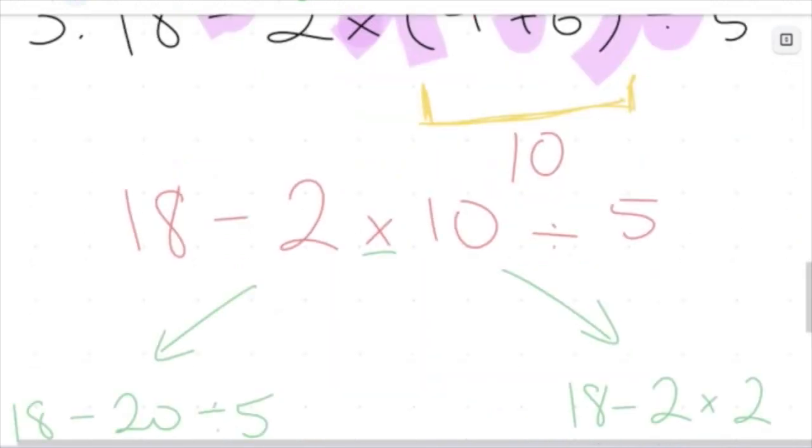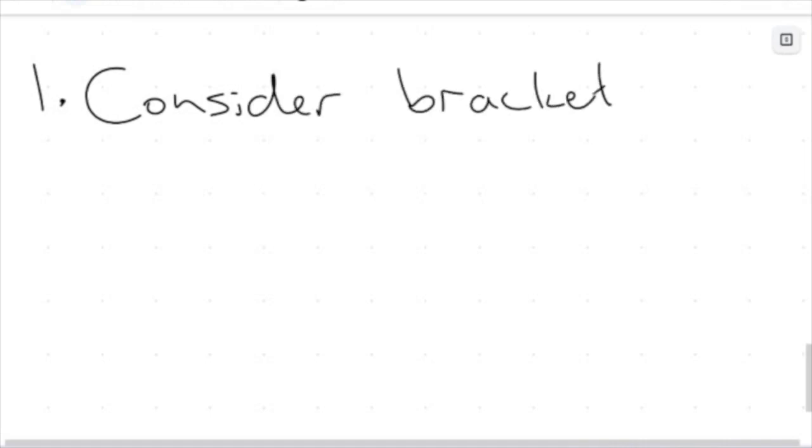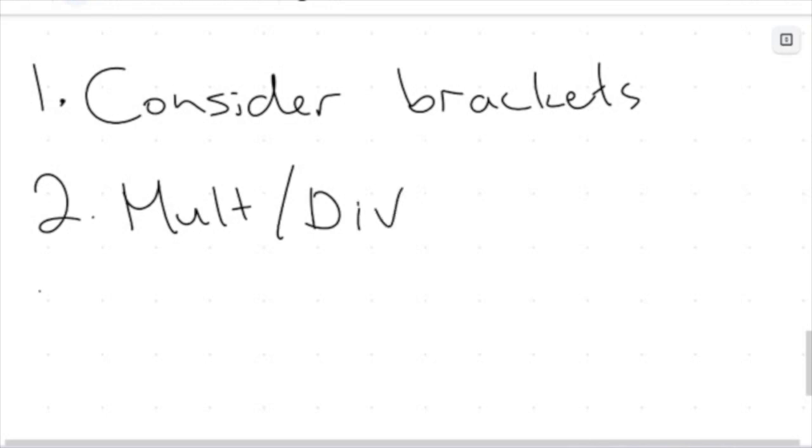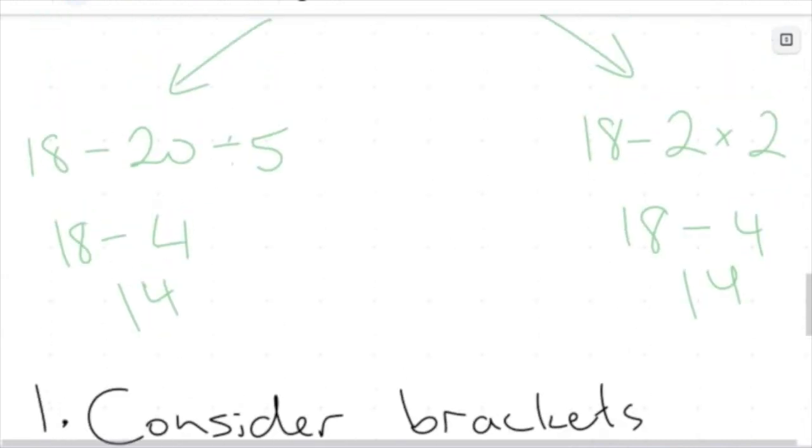But every single time we approach these types of questions, we want to first consider the brackets, and we want to compute the brackets first. The second thing is we want to work with the multiplication and the division. And then third, we work with our addition and subtraction. And this gives us a system and an order which leaves no doubt.